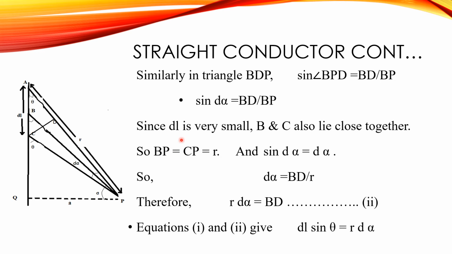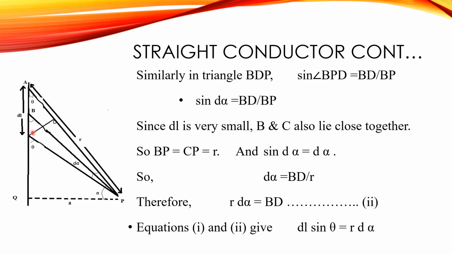Since dl, that is BD, is very small, and B and C also lie very close together, we could see some distance over here, but since we are dealing with very small parts, these parts are very small.